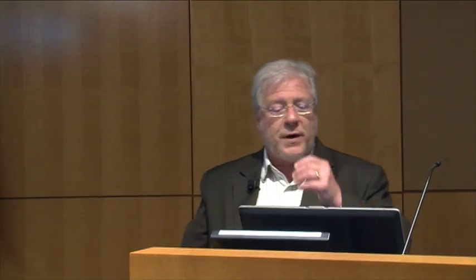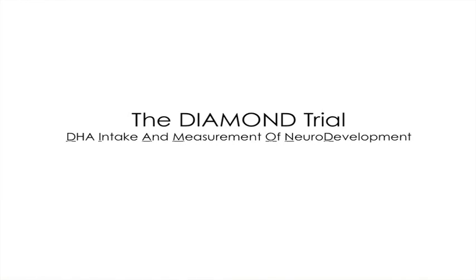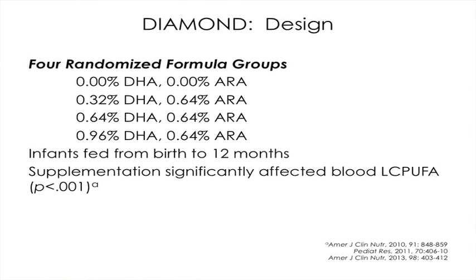So we started working on how much of this we should have in infant formula. And one of the studies we ran was the Diamond trial. I'm just going to show you the basic design. It's a dose response curve design looking at DHA, although there was an introduction of ARA above the placebo.